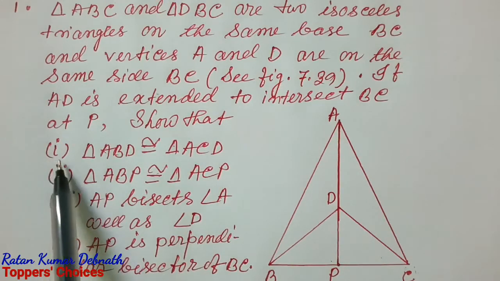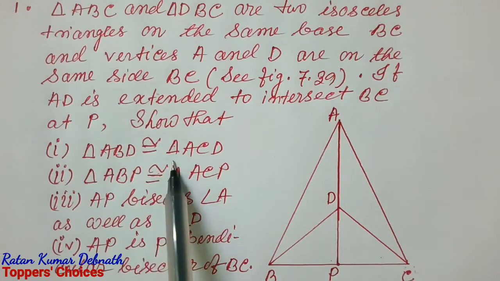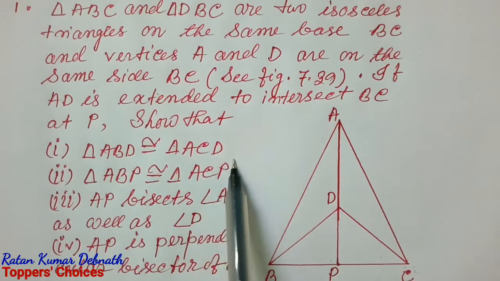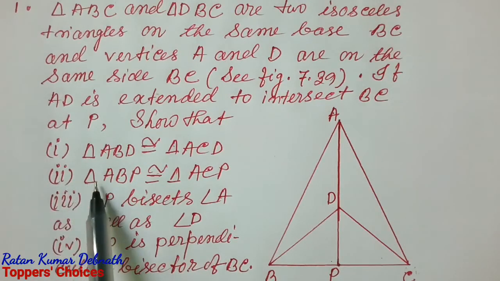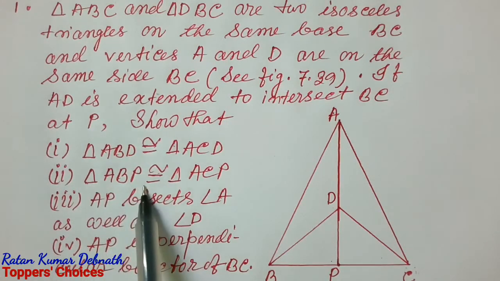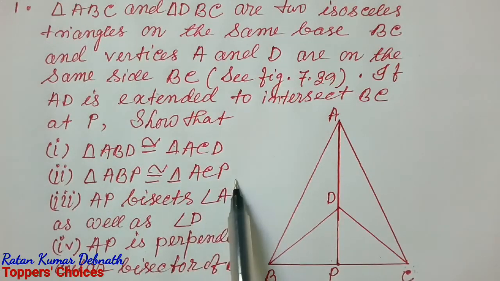Number 1, triangle ABD congruent to triangle ACD. Number 2, triangle ABP congruent to triangle ACP.